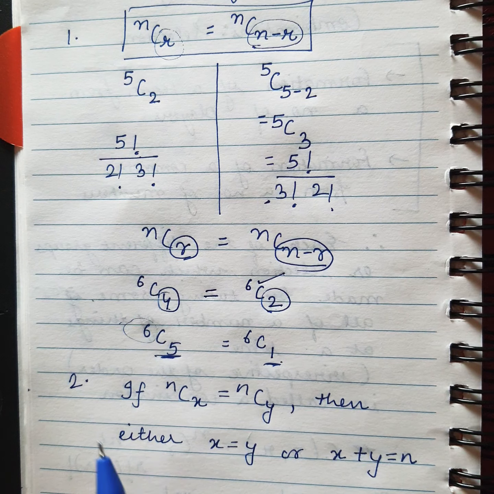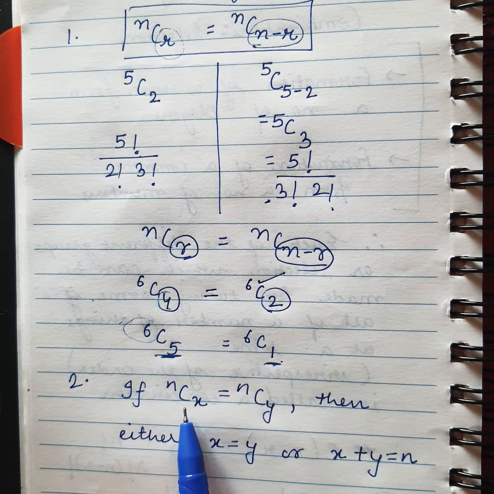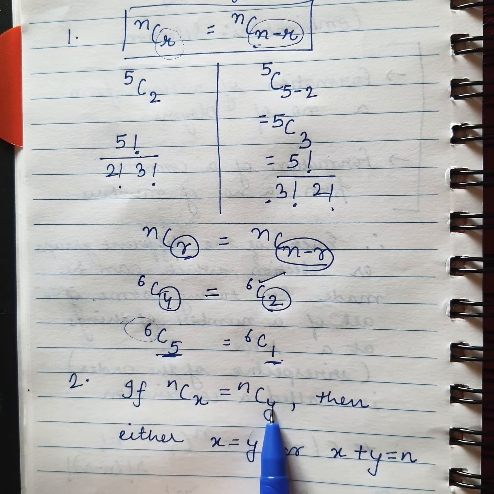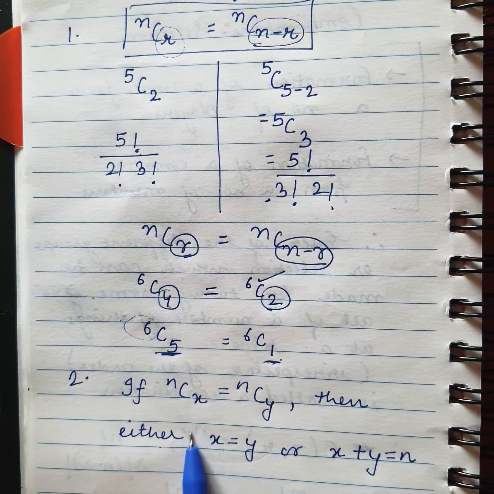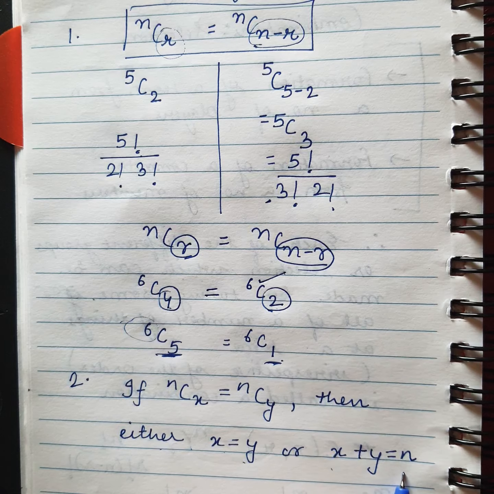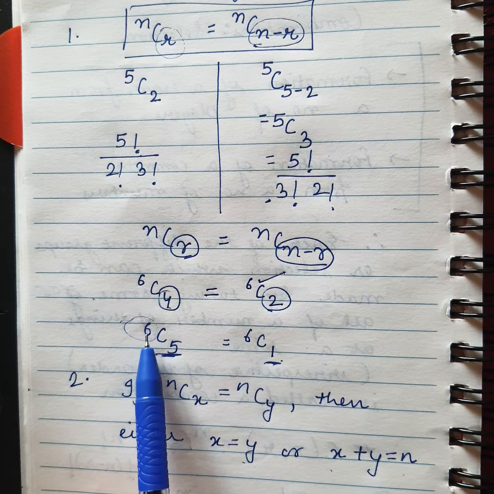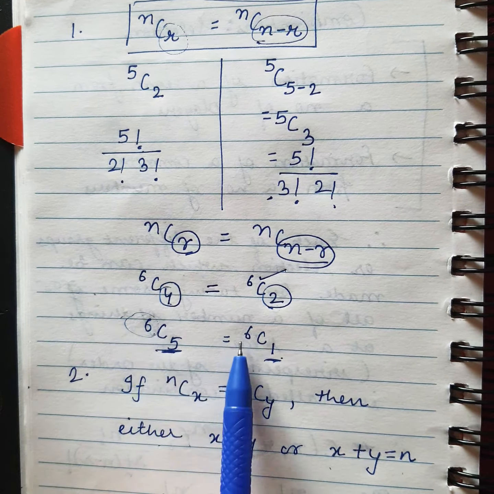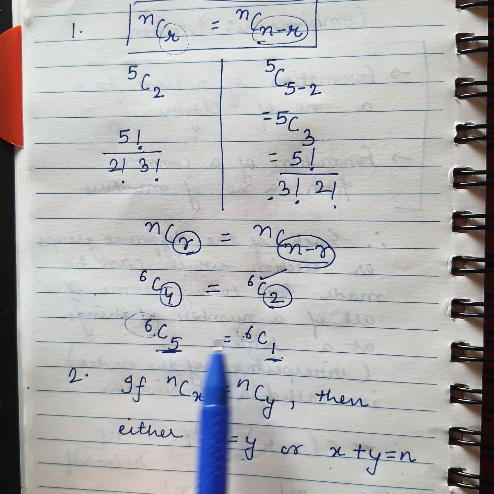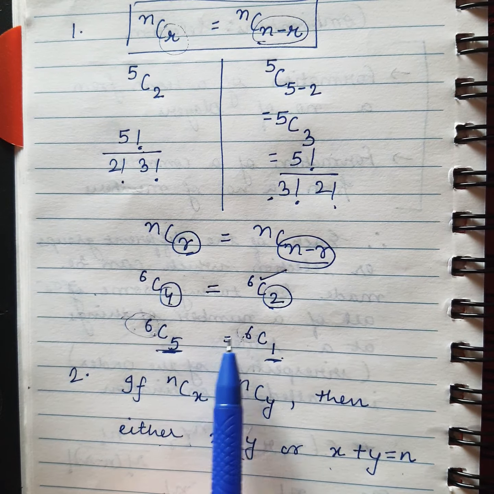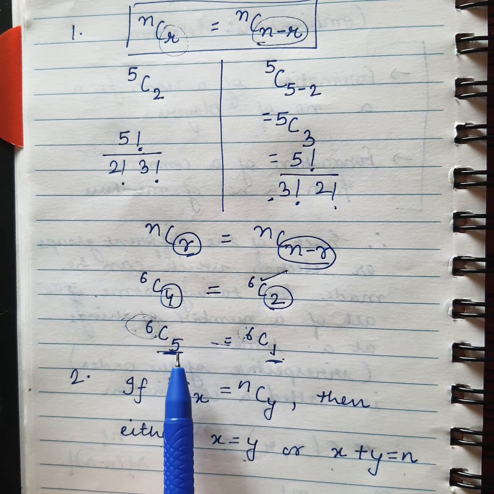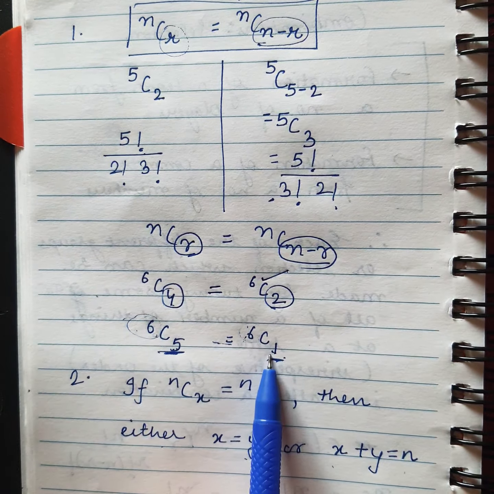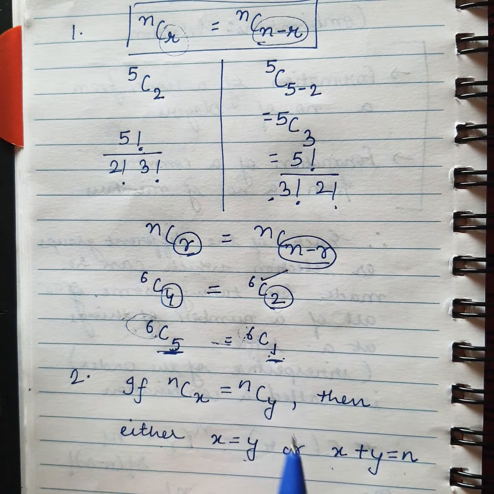Now the second property follows from the first one. If nCx and nCy are equal, either x and y have to be equal or the sum should be n. Suppose in this case n and n, 6 and 6, are the same, and nCx is equal to nCy. They are equal under the condition that x and y add up to n, which is 6 here.